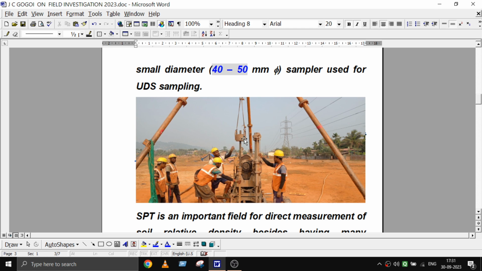This is the dry weight. Originally it was 140 pounds.